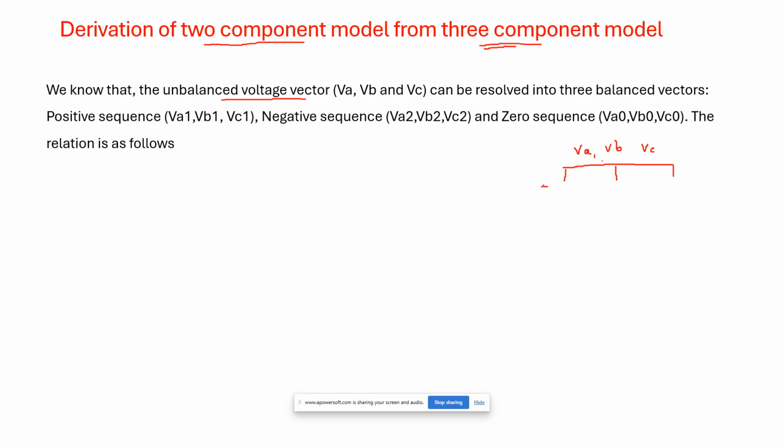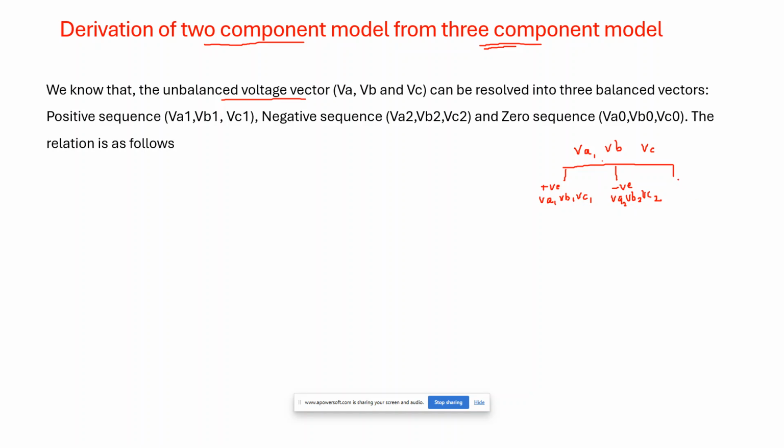One is positive, that is VA1, VB1 and VC1. This is the positive sequence set. Another is the negative sequence set, that is VA2, VB2 and VC2.